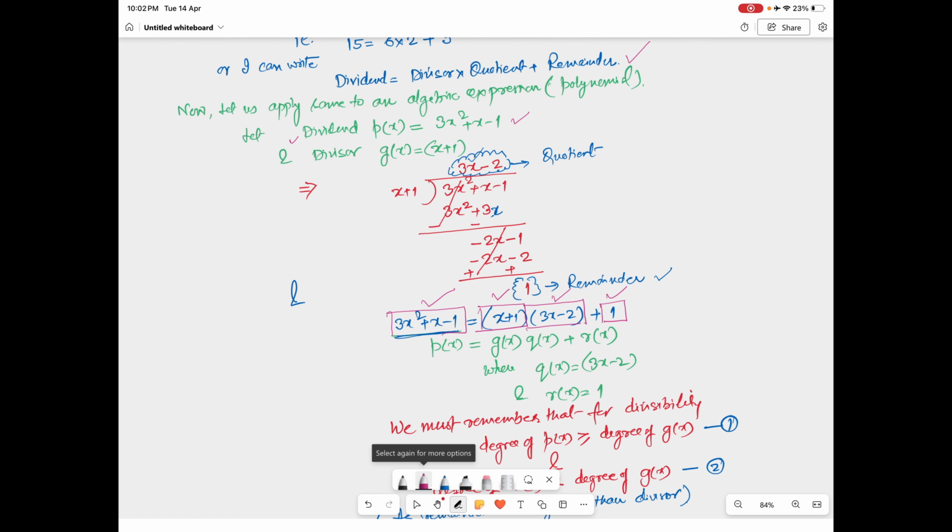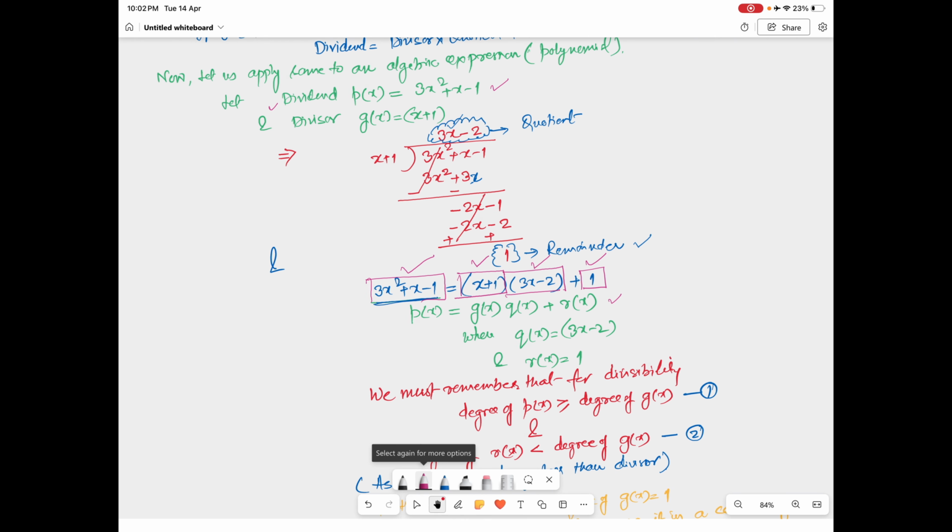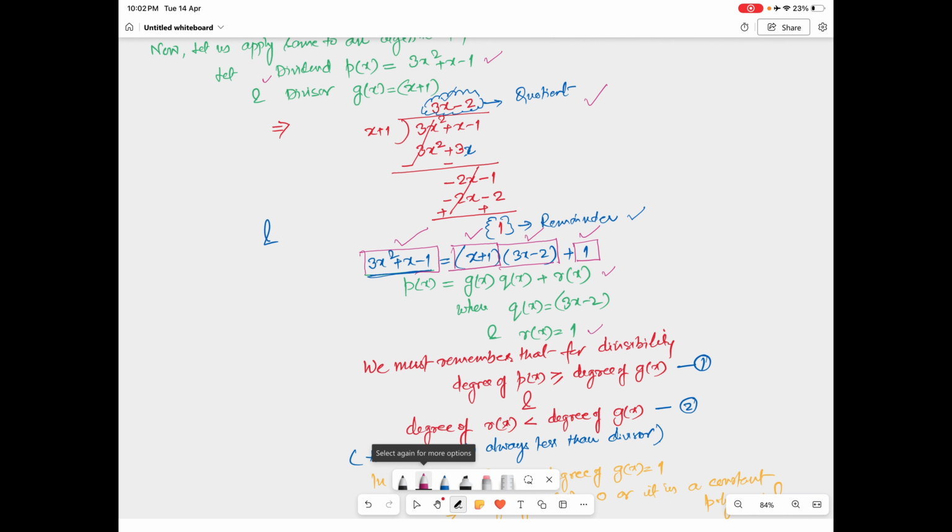So, it is g(x) into q(x) plus r(x), where r(x) is the remainder polynomial, q(x) is the quotient polynomial, g(x) is the divisor polynomial, and p(x) is the polynomial itself. Okay. So, here I can write q(x) will be nothing but 3x minus 2, and r(x) will be 1. Hope you would have understood how we write a polynomial when we divide it with a divisor and get the remainder and quotient.